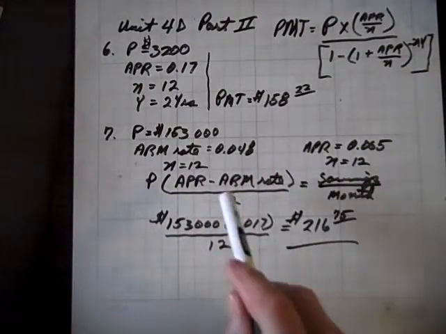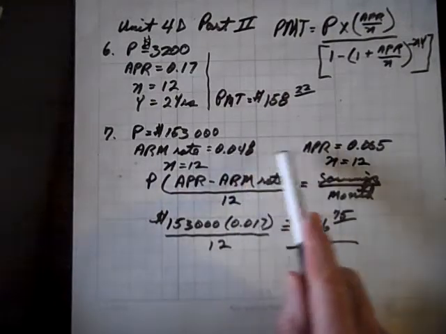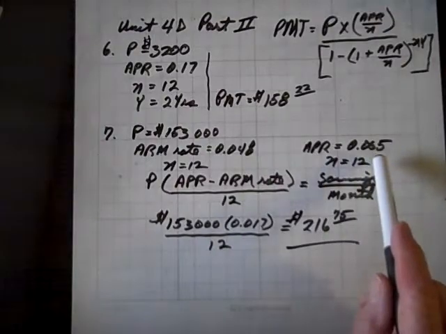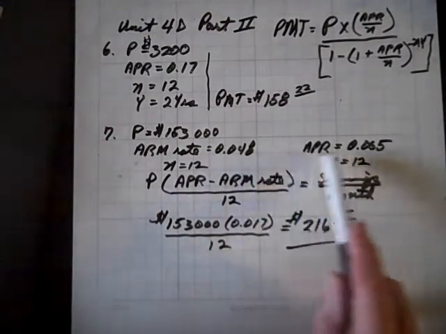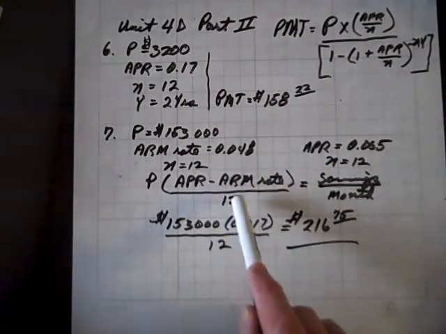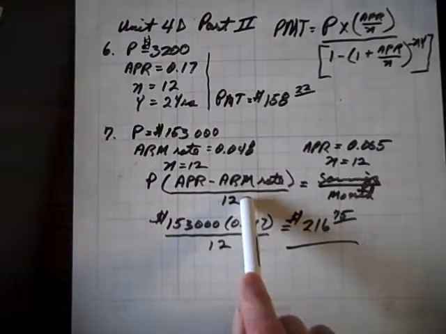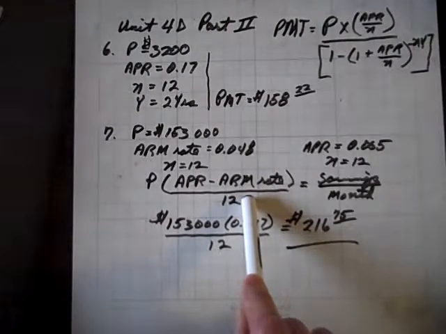And so the difference in the two rates is 1.7% when we find the difference. And if we divide that by 12, that will be our monthly interest rate difference. Monthly difference in interest rates.